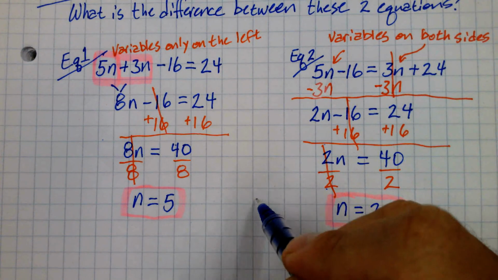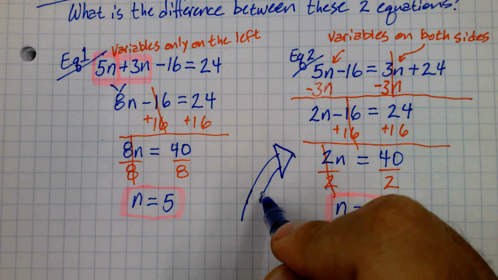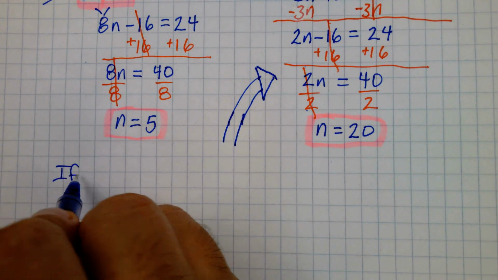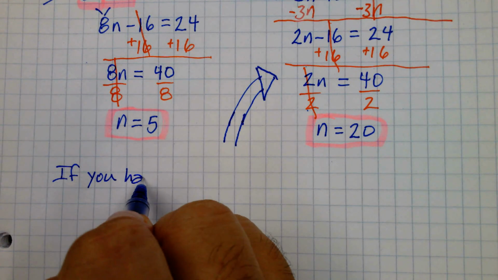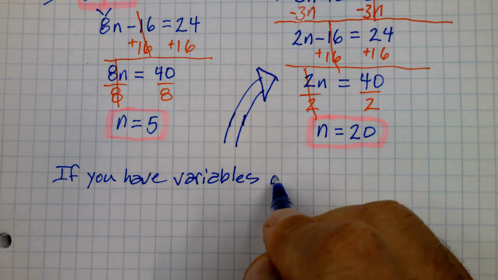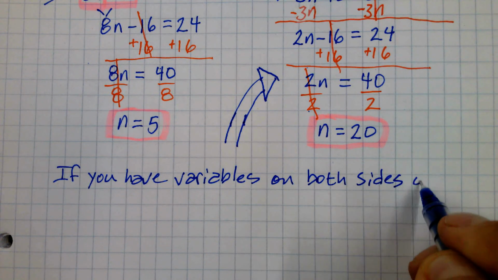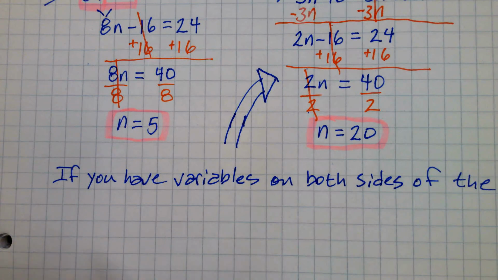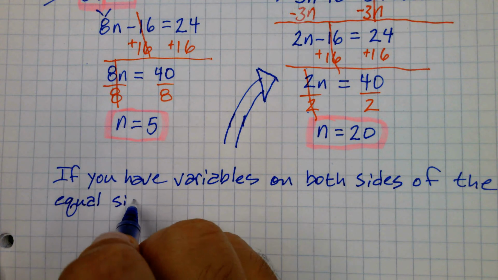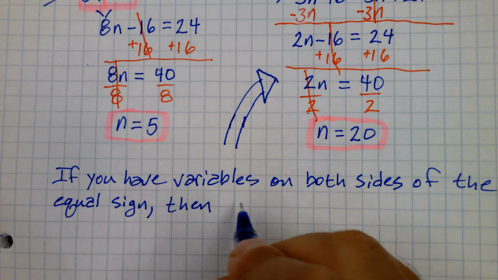So in situations like this, if you have variables on both sides of the equal sign, then what we do is basically what we did here.